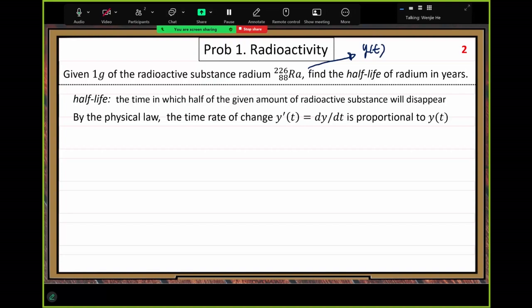You know it's a function. y is a function of time t. y of t represents the amount of radium.